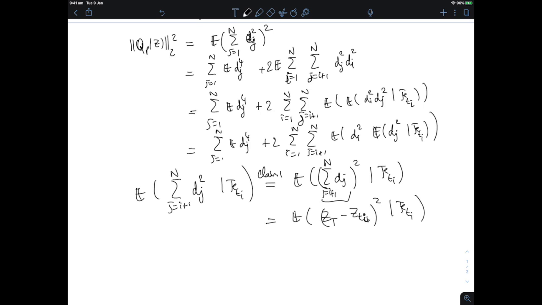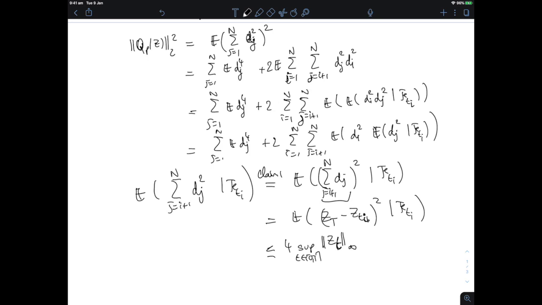And that, by the way, you would be able to control by 4 times the supremum of Z over time, because both Z_T and Z_{t_i} would be smaller than this, and then you have a difference of the two, and so you would get something smaller than 4 times this supremum.